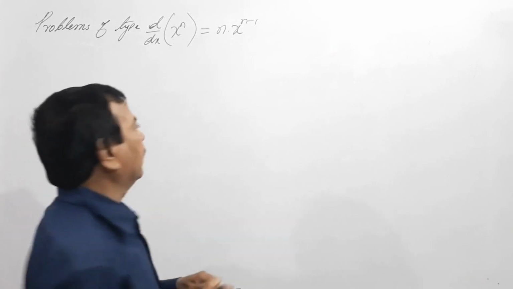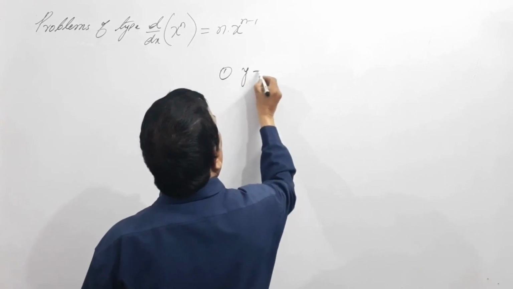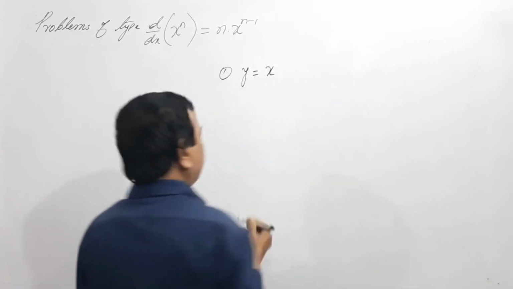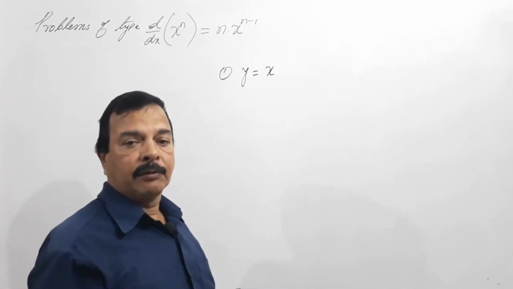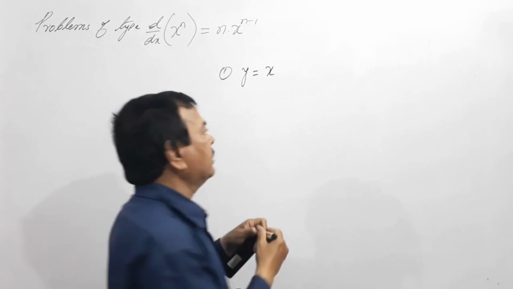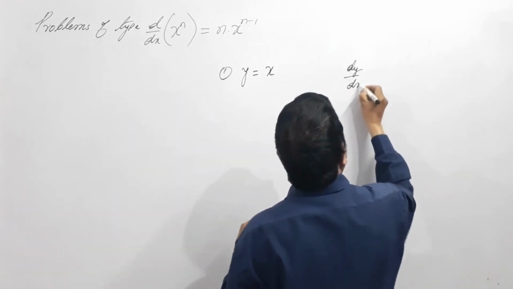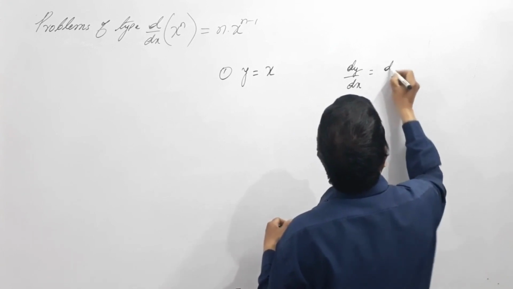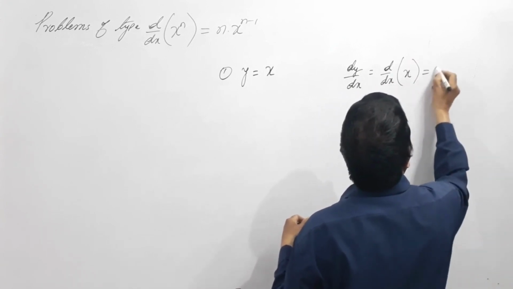So, first problem we'll take, problem number 1, y equals to x. I have told you, if you differentiate x, we get 1. dy by dx of x is 1. That is, dy by dx equals to d by dx of x equals to 1.